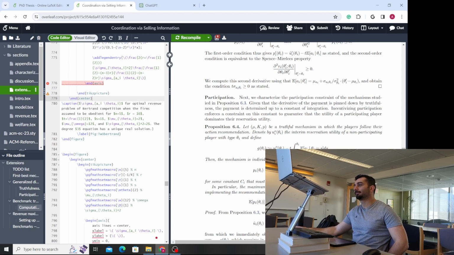Well, okay. Let's move on. In particular, the maximum expected payment that can be collected from player i, implementing the recommendation rule in a truthful and individually rational manner, is this.